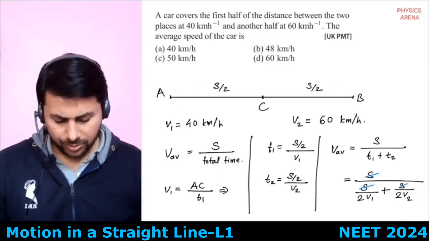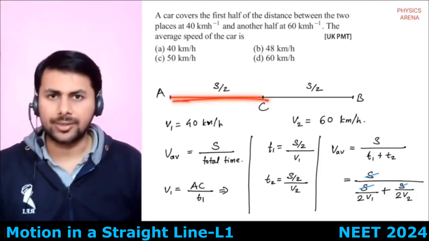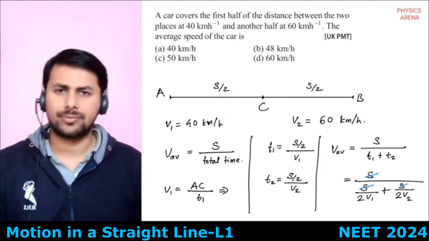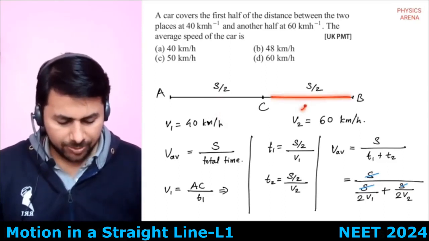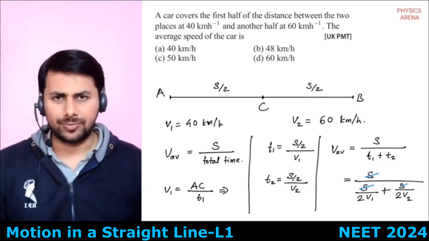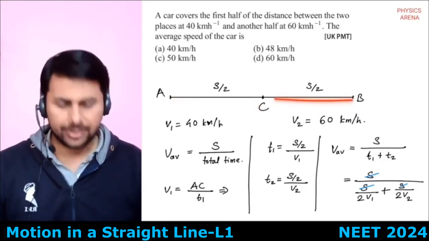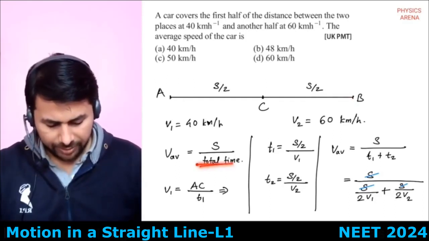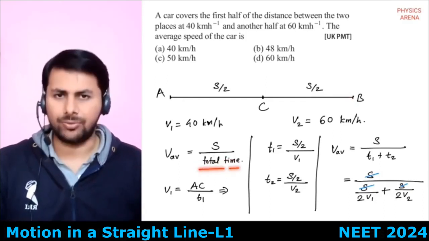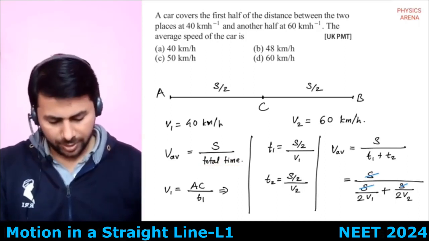Suppose this car covers the first half of the distance in time t1 and the next half of the distance in time t2. So the denominator will be equal to t1 plus t2. So we have to find what t1 and t2 will be.